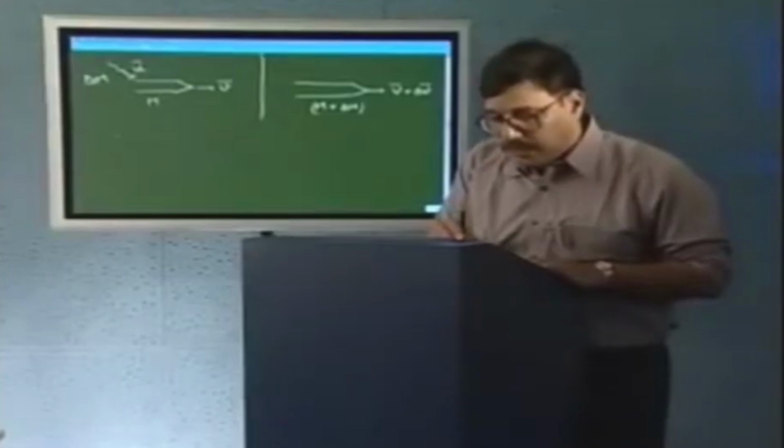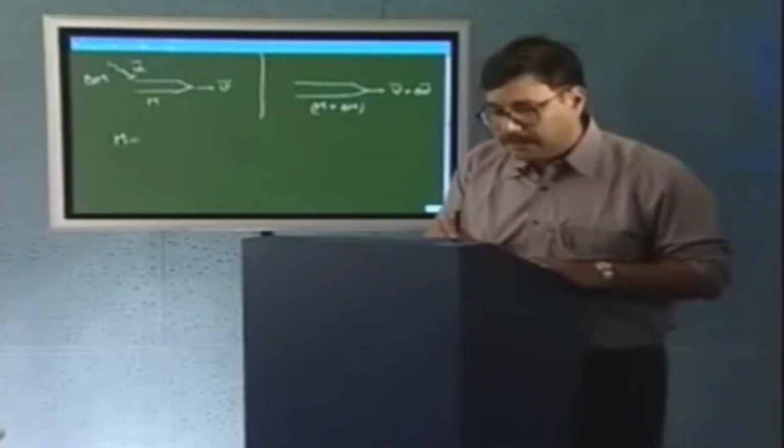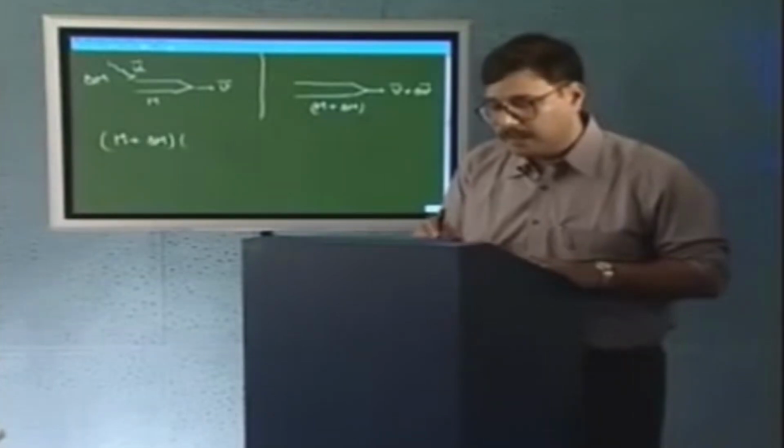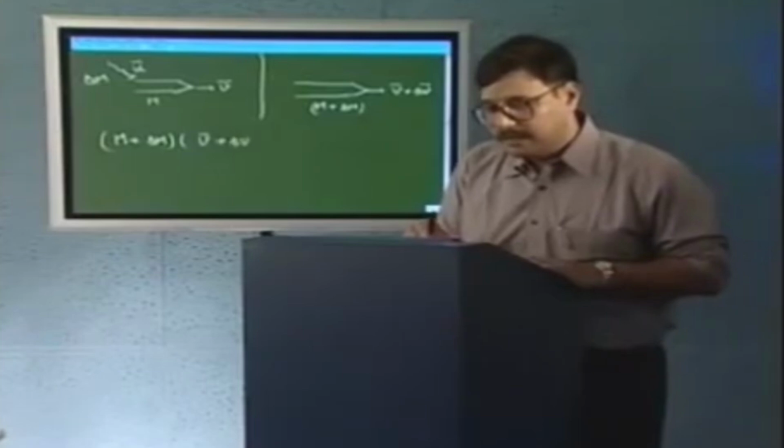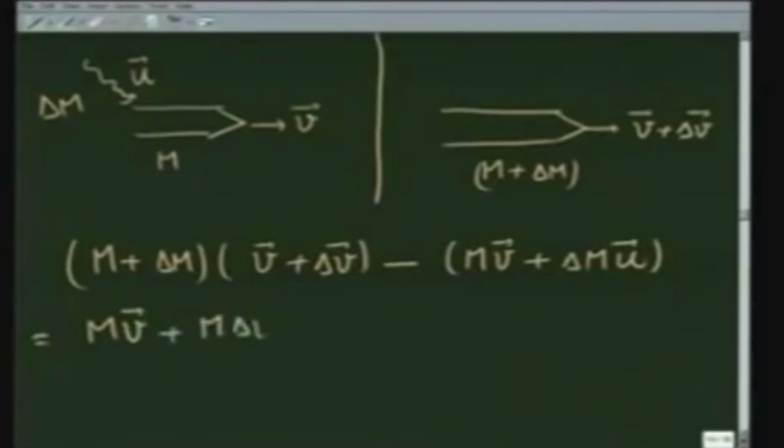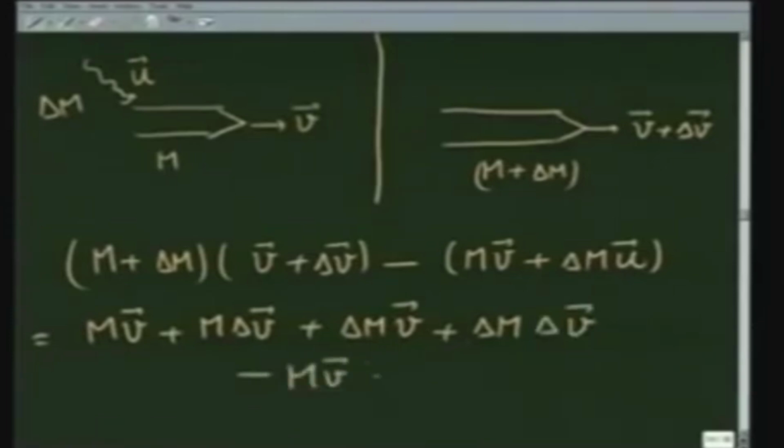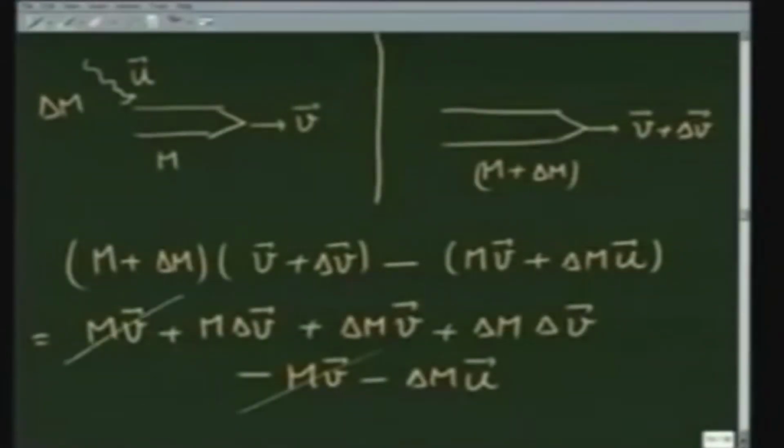So, the net change in momentum is the final momentum, which is m plus delta m times v plus delta v, minus m v plus delta m u, which is m v plus m delta v plus delta m v plus delta m delta v minus m v minus delta m u. This m v cancels with this m v.